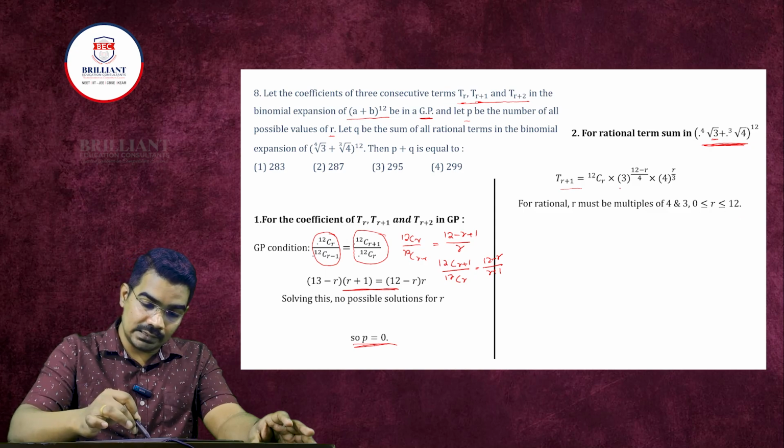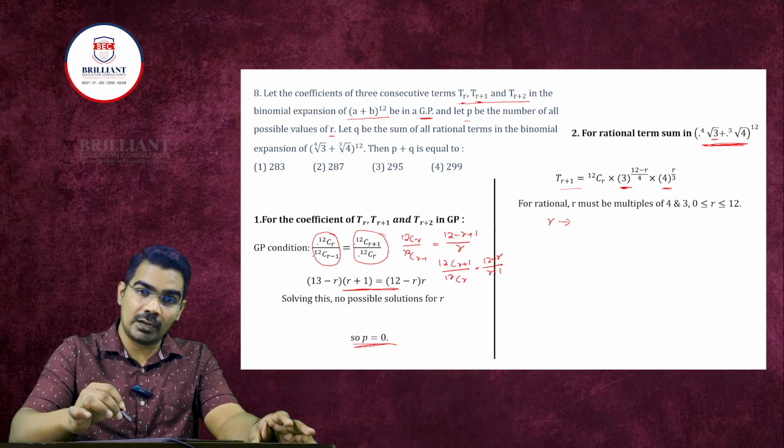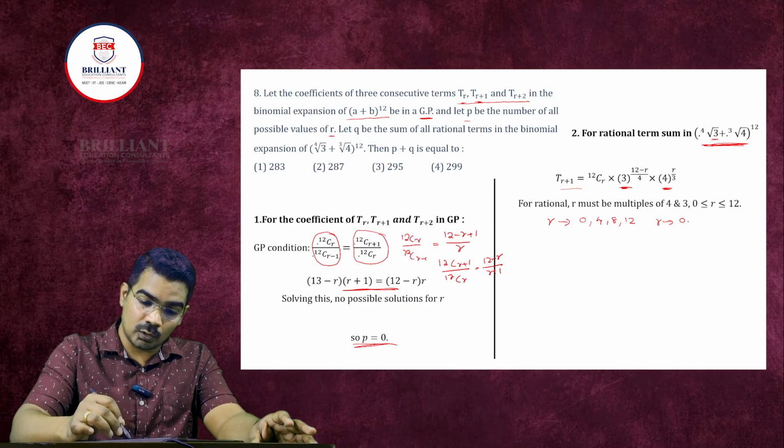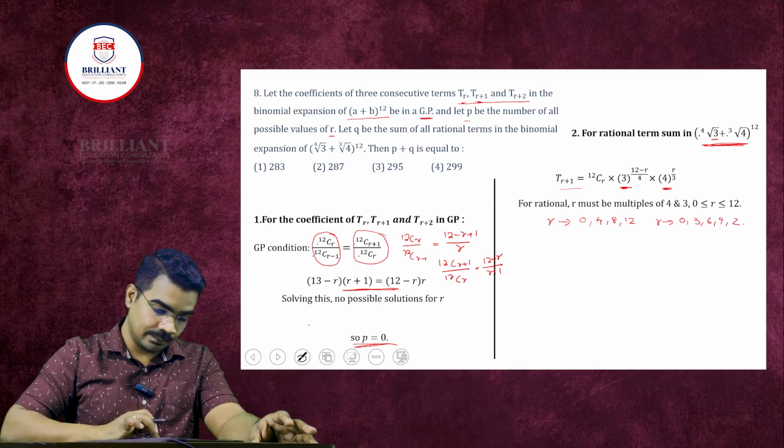So looking at these 3 and 4, we can say that the r value must be a multiple here. For 3, the r value must be a multiple of 4, that is 0, 4, 8 and 12. Looking at this 4, r values should be 0, 3, 6, 9 and 12, right?